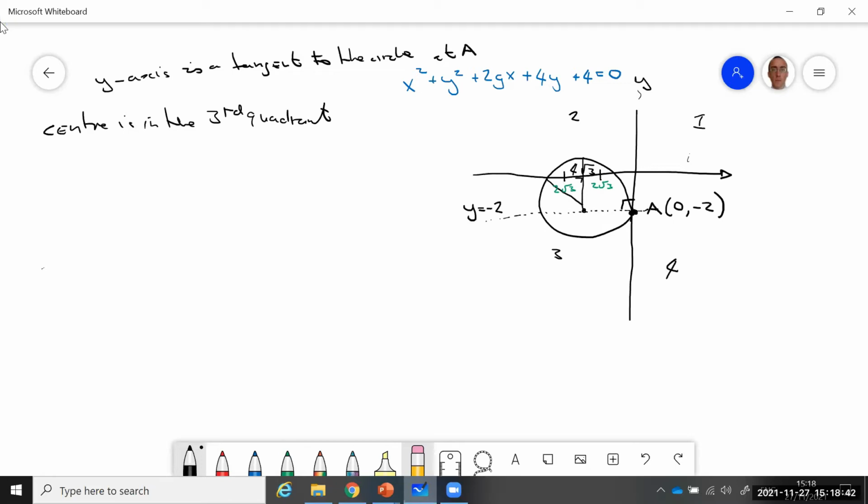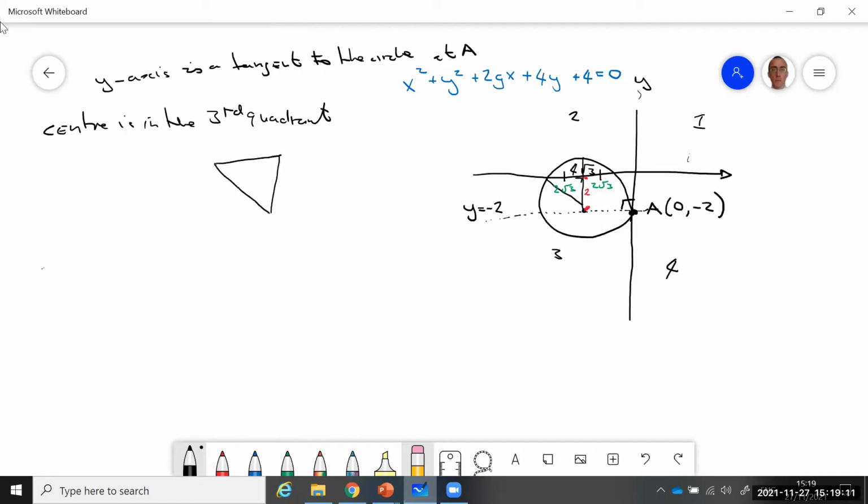And we know that this line from this red marker up to this red marker is 2. Why? Because we know already that the center of the circle is on the line y equals -2. So up to the x-axis is a distance of 2 units. So we have a nice Pythagoras right-angled triangle going on there.